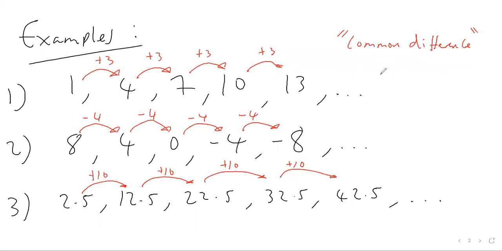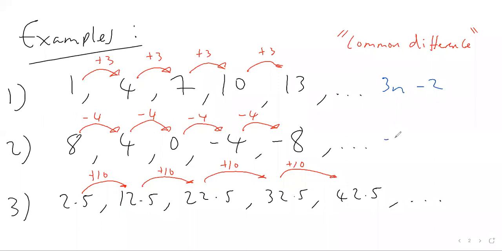The nth term would have the common difference 3, and then we ask what we have to do to 3 to get to our first term. We take away 2, because 3 take away 2 equals 1. So that would be the nth term for that one.